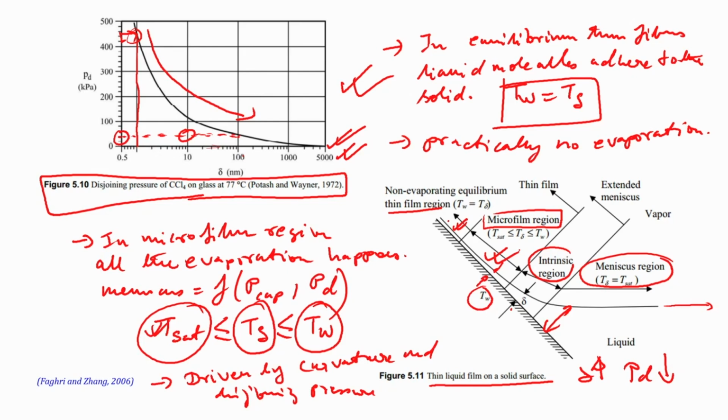So, in other words, there is a change in saturation vapor pressure across a curved interface, and in the thin film region the two main players are capillary pressure and disjoining pressure, which reduce the saturation pressure compared to any other normal conditions.